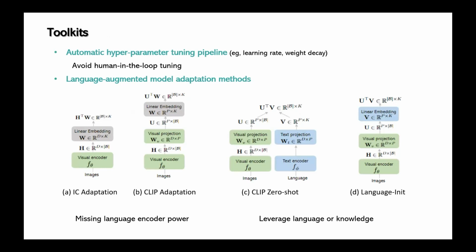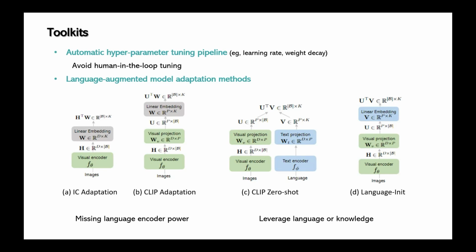I'll then talk about another contribution of this benchmark, which is the toolkit. We know that in previous studies, the toolkit is hidden, right? It's not provided, and it requires a lot of effort to develop a software toolkit so that you can reproduce someone else's algorithm. So in our toolkit, we have two major components. The first one is automatic hyperparameter tuning strategies.